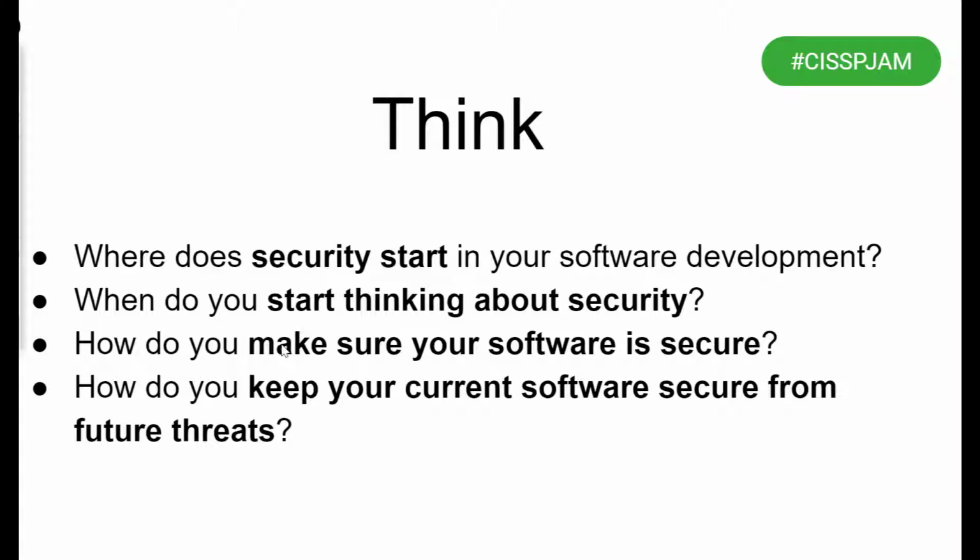Do you start thinking about security after an application is built, or do you start thinking about application security before it's built or during the phases of application development? How do you make sure your software is secure? Meaning, are you going to perform tests on this application that you just developed?